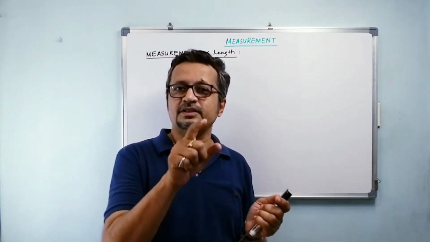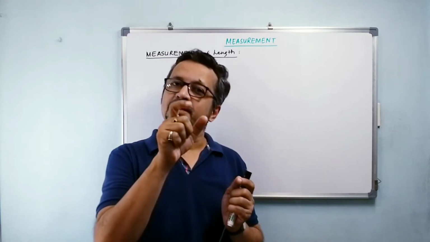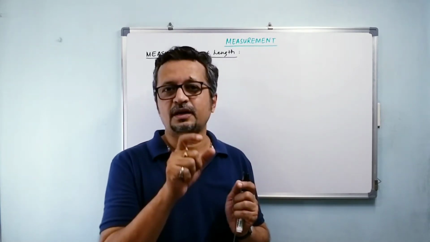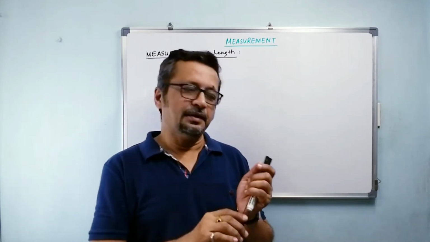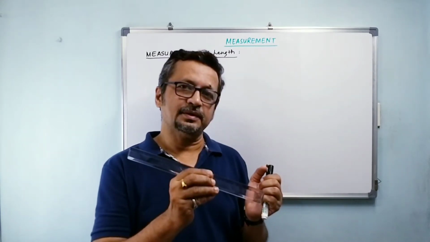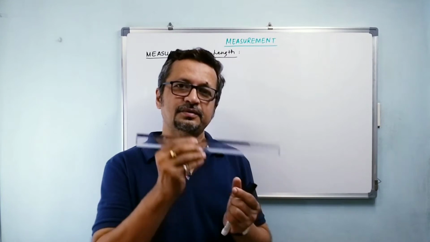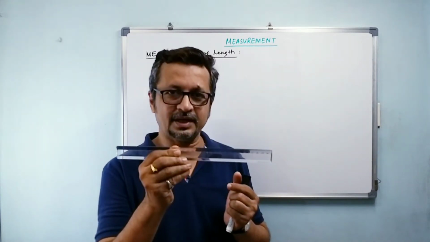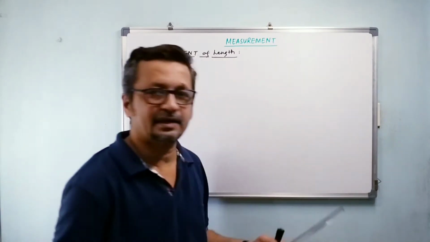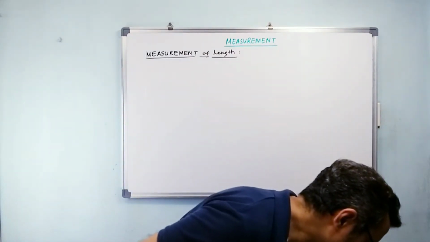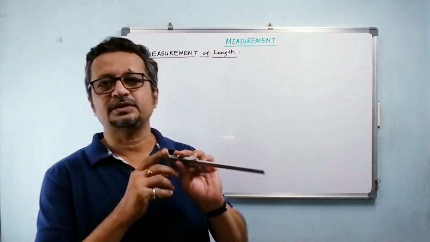We go for an instrument which has got as small least count as possible. Okay, now for that, the next step of using this scale would be using something like this. And what is this?